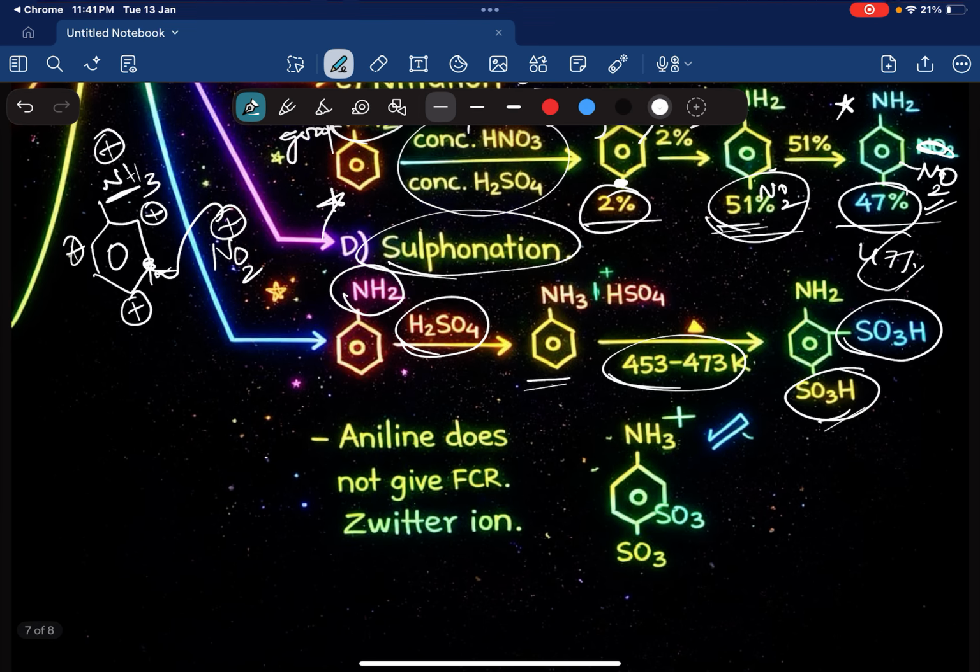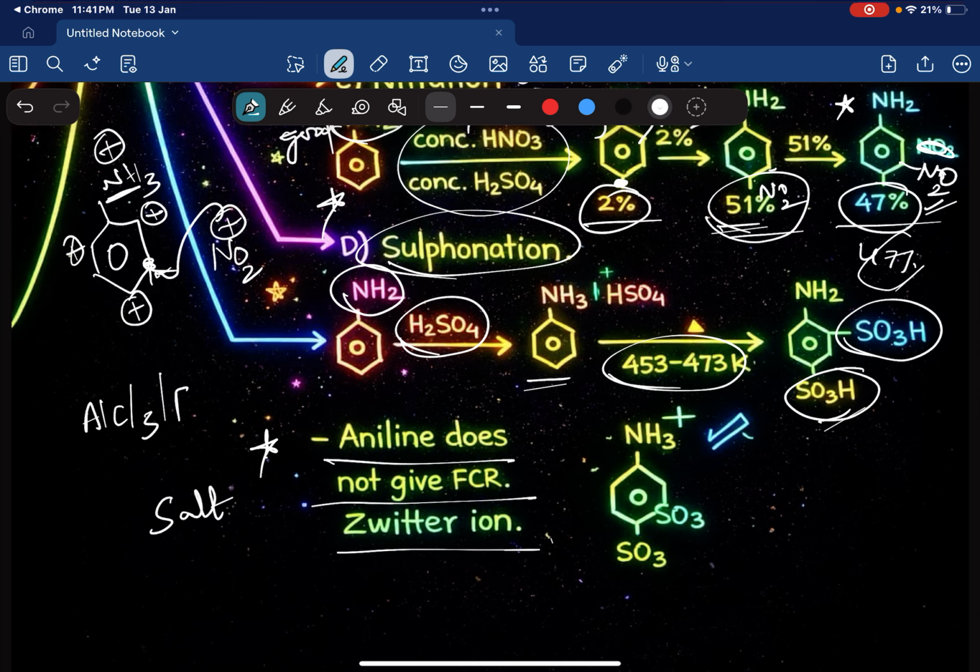The most important reaction is that aniline doesn't give Friedel-Crafts reactions, due to salt formation with AlCl3. In all Friedel-Crafts reactions, halogenation or alkylation, we use anhydrous AlCl3 or FeCl3 as the reagent. Anhydrous AlCl3 is an electron-deficient electrophile because it has 6 electrons in its outermost shell, so it acts as a Lewis acid.